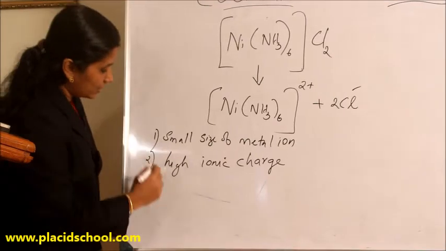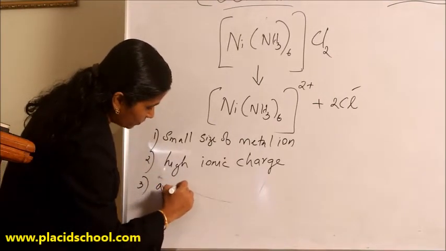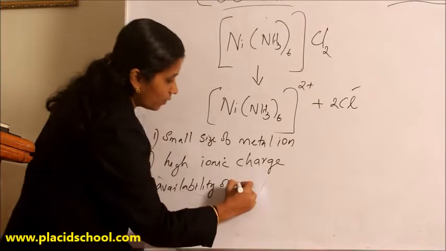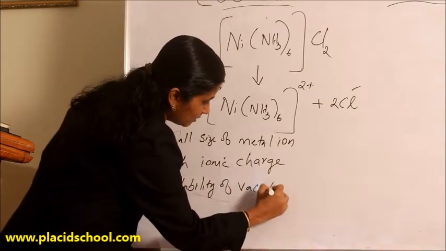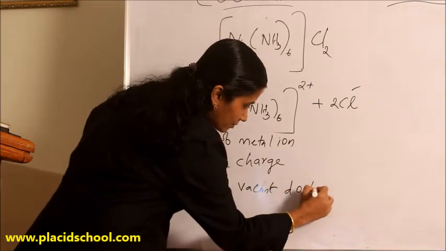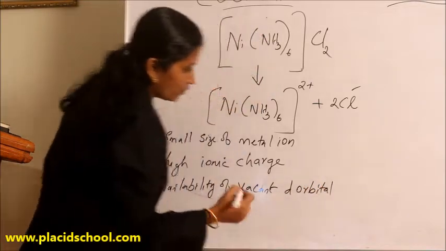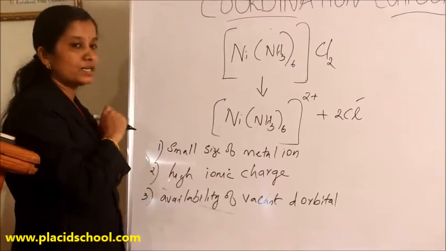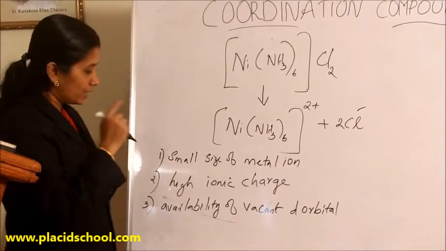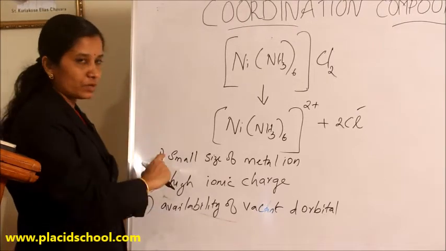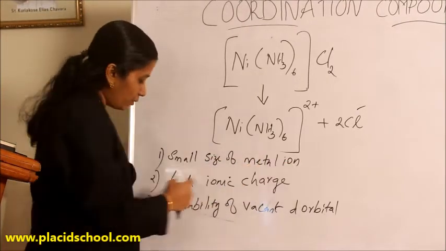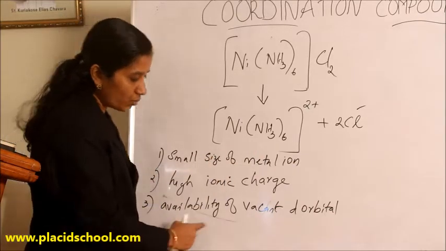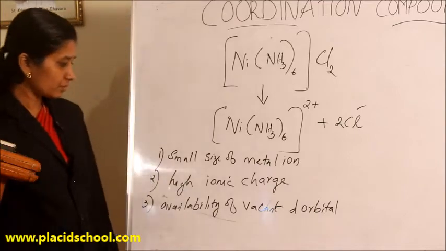Third one, due to the availability of vacant d orbital for bond formation. So why does transition metal form a large number of complex compounds? The first reason, because of the smaller size of transition metal ion. Second one, high ionic charge. And the third one, availability of vacant d orbital.